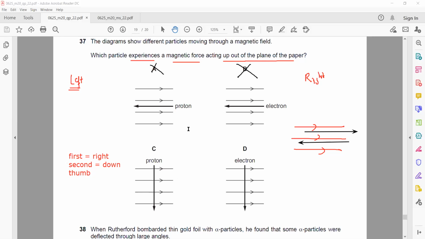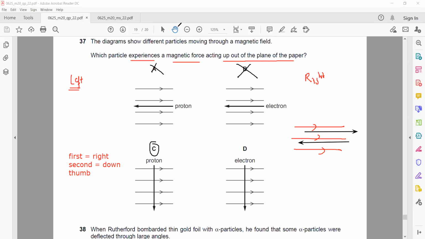First finger represents towards right, second represents the direction of the particle which is down, and thumb is pointing outward, towards yourself. If thumb is pointing towards you, it means it is out of the paper.